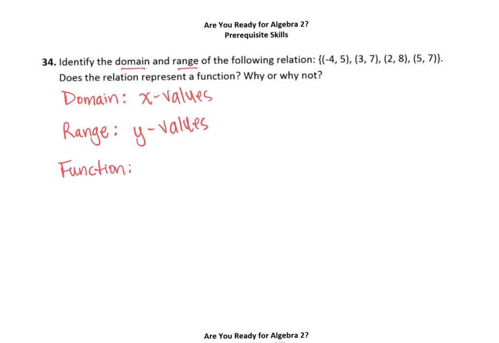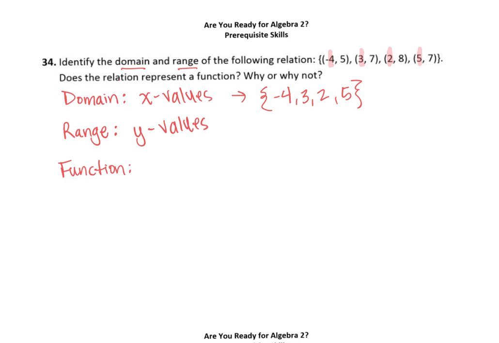So looking at this grouping of ordered pairs, this relation, the domain is going to be all of the x values, everything that comes first in each of these groupings of parentheses. So the domain here would be negative 4, 3, 2, and 5. That's the domain. Pretty easy.